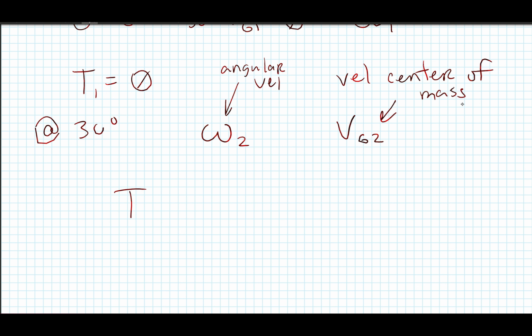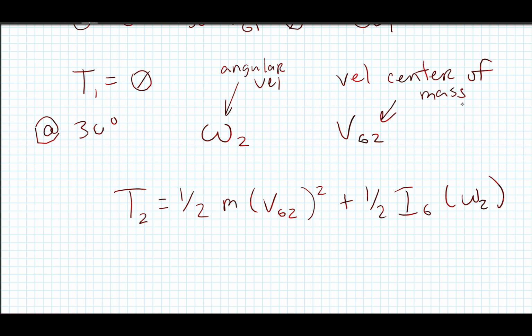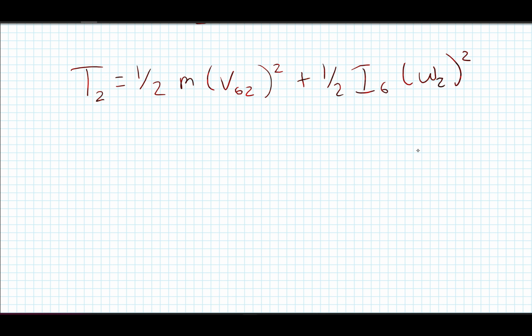So now we have T sub 2 is equal to 1/2 m v sub g2 squared plus 1/2 I sub g omega sub 2 squared.